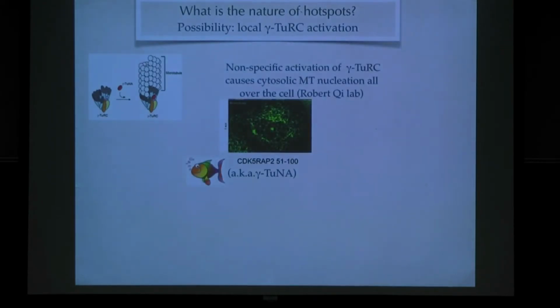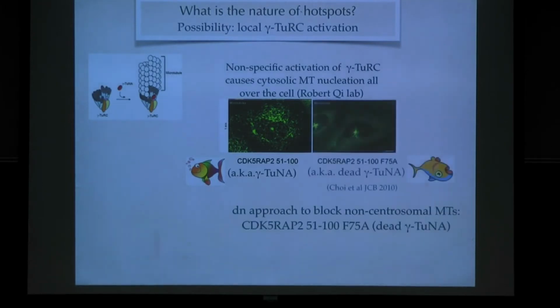So if just this domain, gamma TuNA, is overexpressed in cells, it results in formation of microtubules all over the cell, which indicates that gamma TuRC itself is everywhere. It's basically dissolved in the cytosol and is only waiting to be activated. So any specific formation of microtubules is regulated by activation of gamma TuRC rather than just it being there.